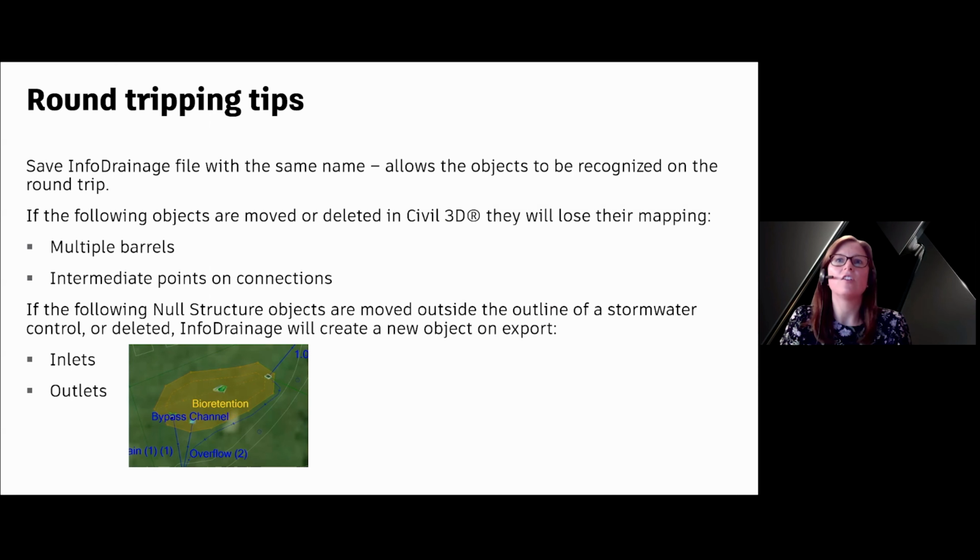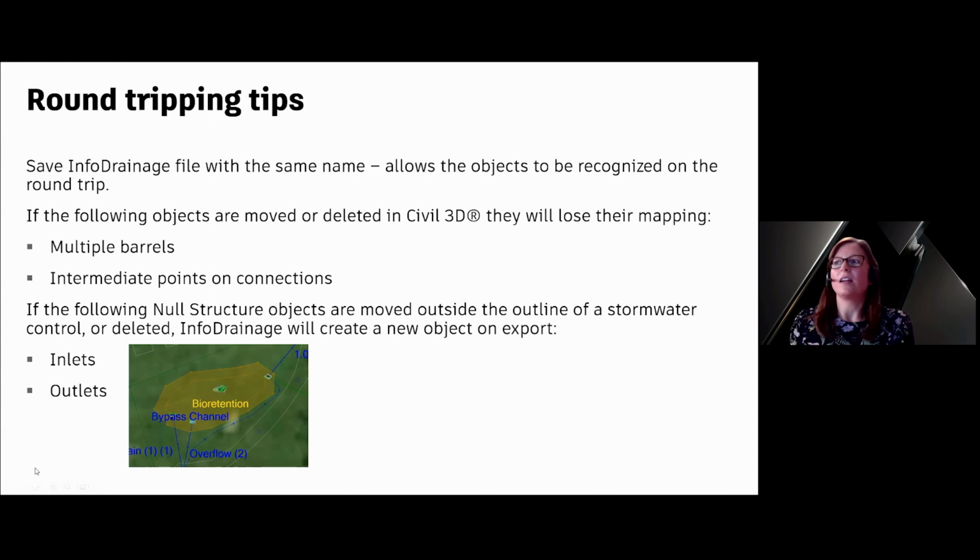In the case of multiple barrels, a new single barrel connection would be exported to the InfoDrainage design. And in the case of the intermediate points, singular sections would be exported.